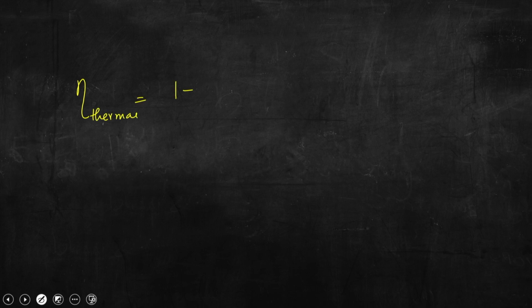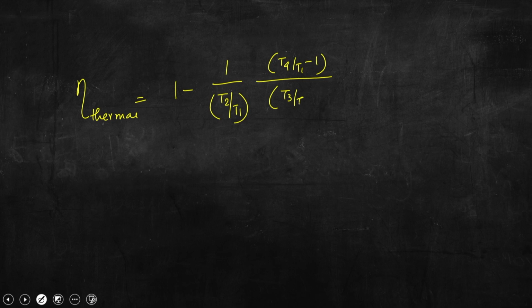eta thermal equal to 1 minus 1 upon T2 by T1 into T4 by T1 minus 1 divided by T3 by T2 minus 1. But we have seen that T3 by T2 equal to T4 by T1, so this will get cancelled.